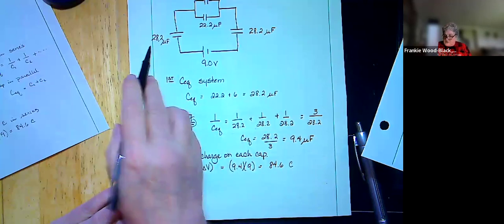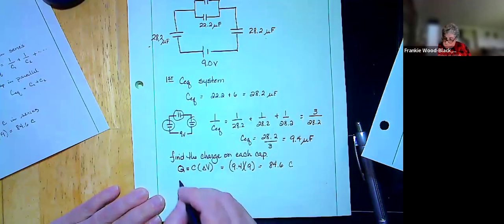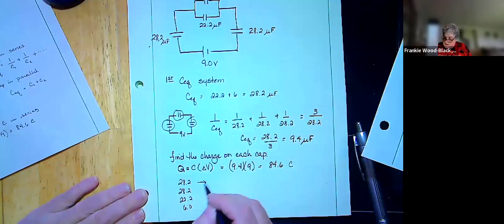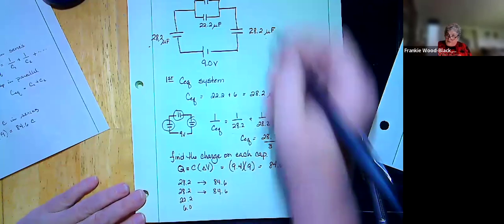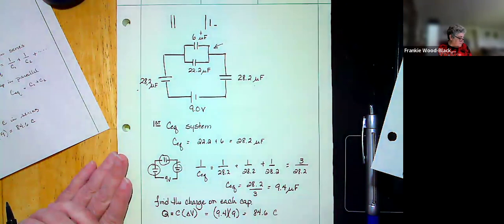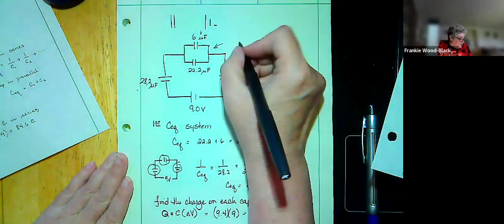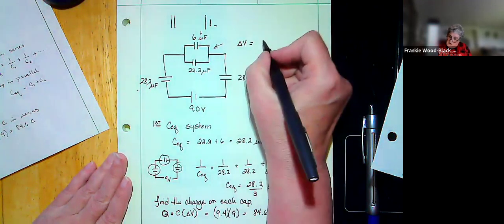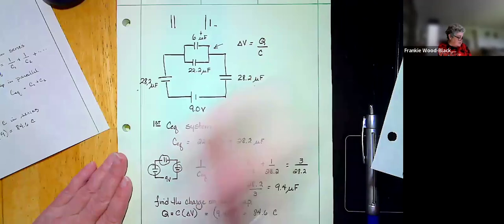Now, those are 28.2s and 28.2s. So if I'm going into my WebAssign, it says 28.2, 28.2, and then I got a 22.2 and I got a 6. I've got to deal with this. This is going to be my 84.6. This will be my 84.6, but I got to do something different for that. And what we know there is my change in voltage across this one is going to equal my charge divided by my capacitance.